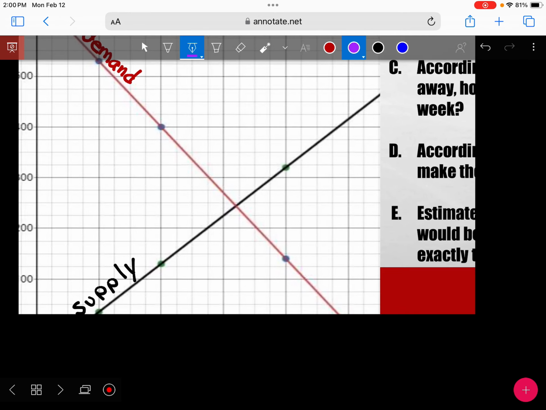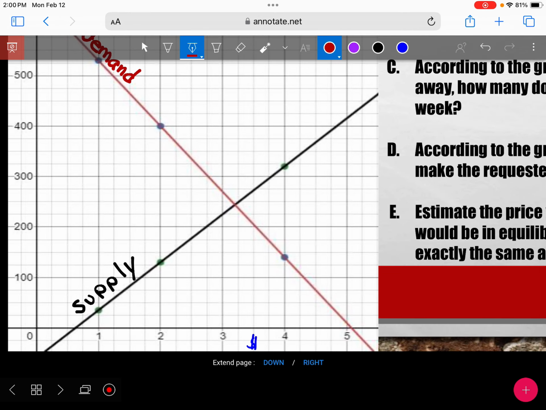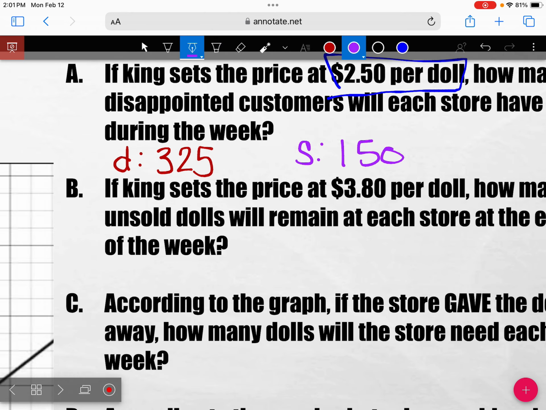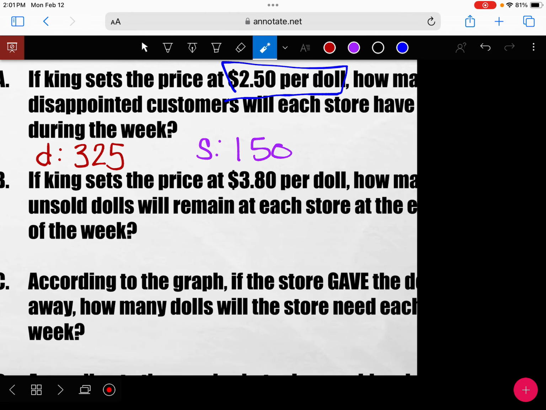What we're looking at is where these two pieces of information are crossing our 250 line here. So we had our demand here and our supply here. So how many people that want dolls won't get them?